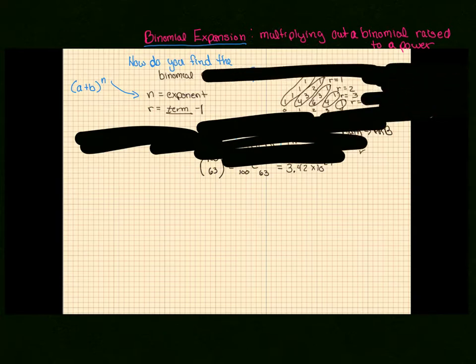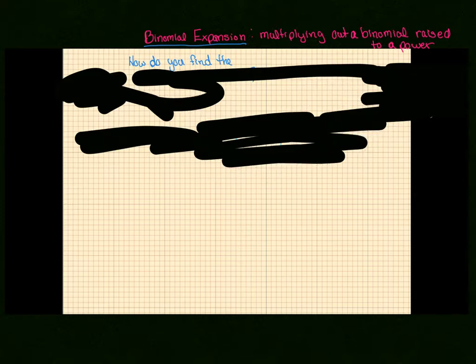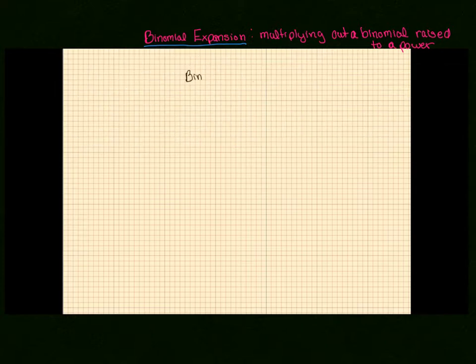It's pretty useful, particularly if you can find this algorithm in your calculator, to be able to find any binomial coefficient. Alright, so the actual binomial theorem is basically talking about what we already did, but using the binomial coefficient notation to do it. So let's go back to our a plus b to the n power.